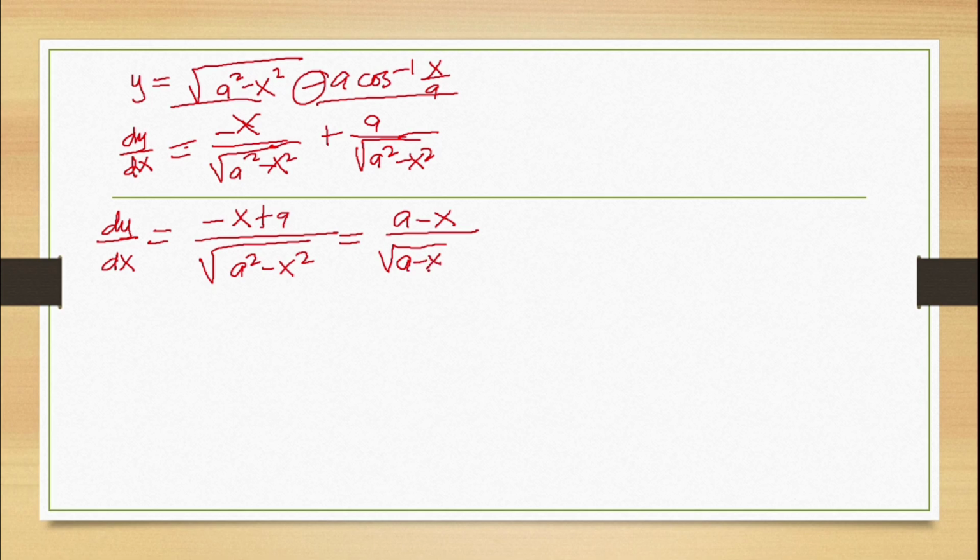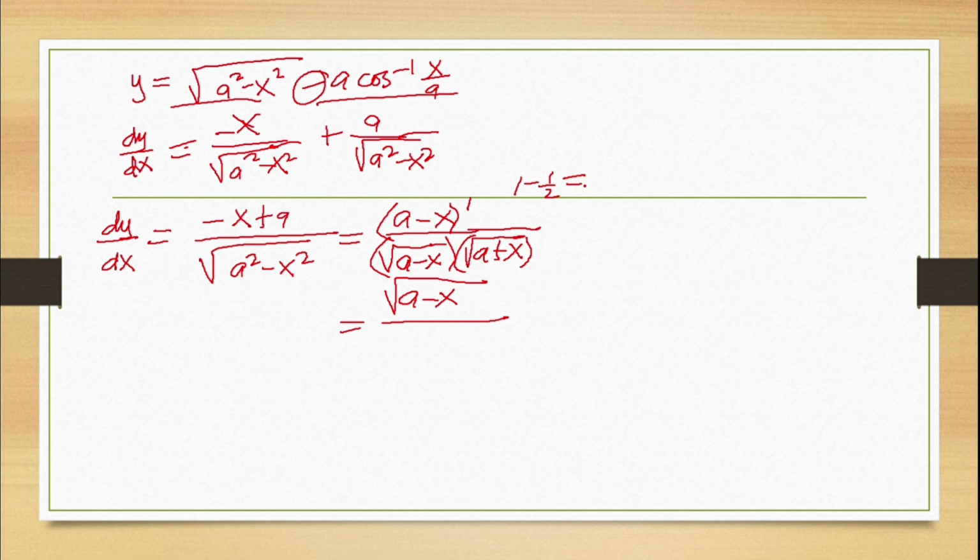we could factor this part as a minus x, and this is a plus x square root. Okay, so this is a minus x, that is equal to 1 here. So therefore we could have 1 minus 1 half, because this is 1 half. If we're going to make this one square it into 1 half, so we have here a minus x over square root, because this is equal to 1 half.